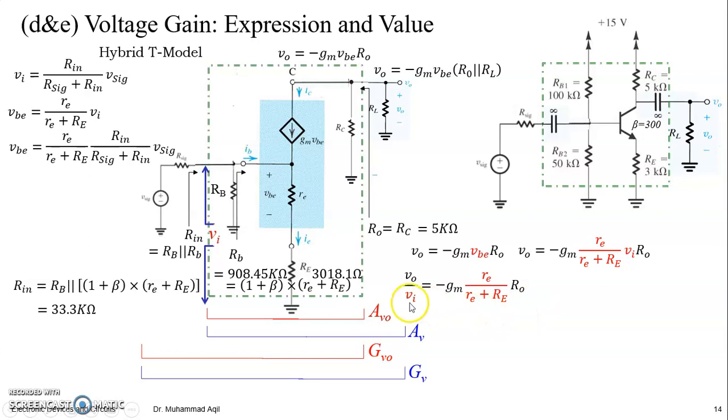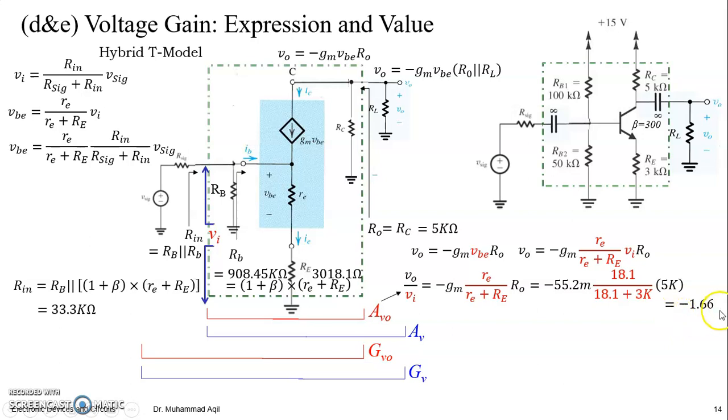When we bring it down here, Vout by Vin is equal to minus gm re divided by re plus discrete RE into ro. This is nothing but your AV naught. When we put all these parameters in this equation, we get 0.66.